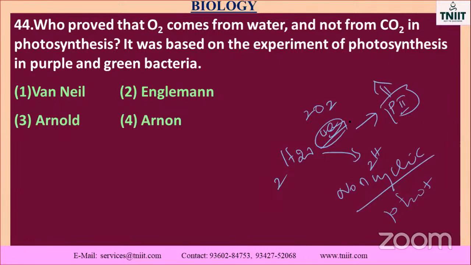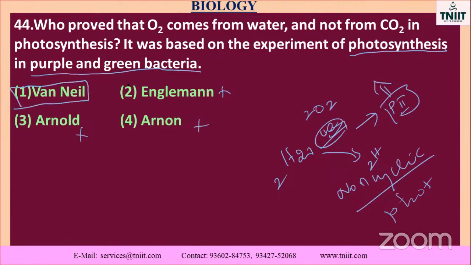But this statement was proved in purple and green bacteria. It is also a bacterial photosynthesis. Don't forget, my dear students. Okay, the options are Arnold, Engelmann, Hewitt, and Van Niel. Which one is correct? Van Niel.